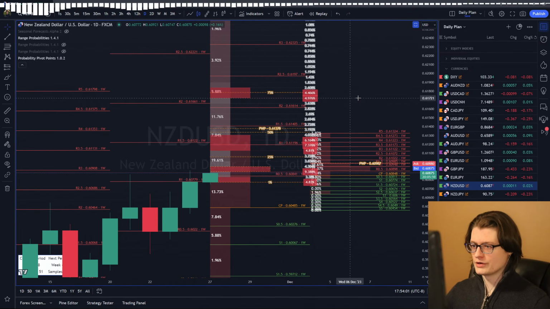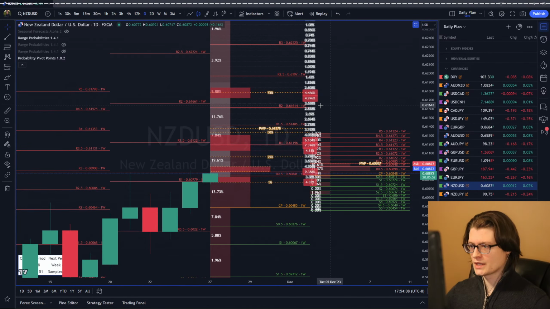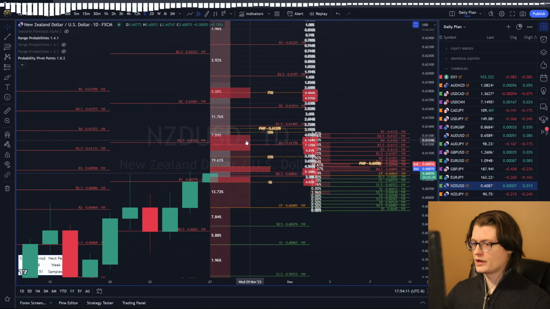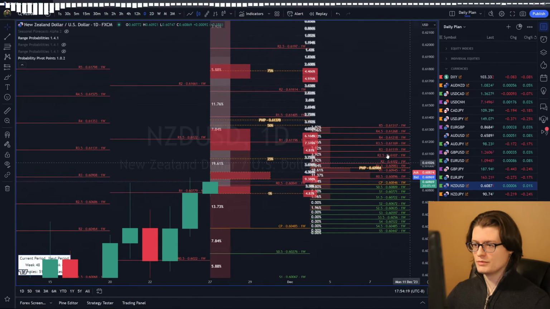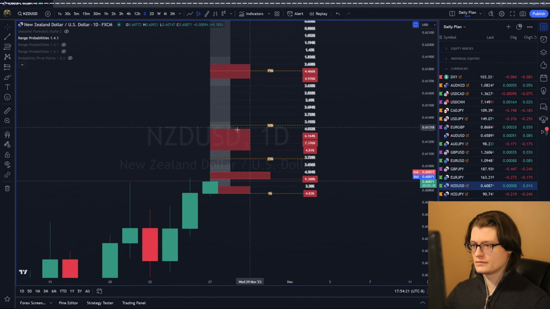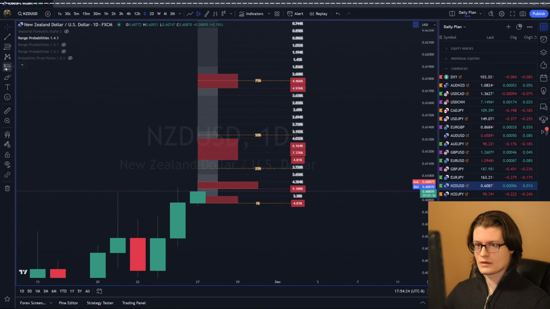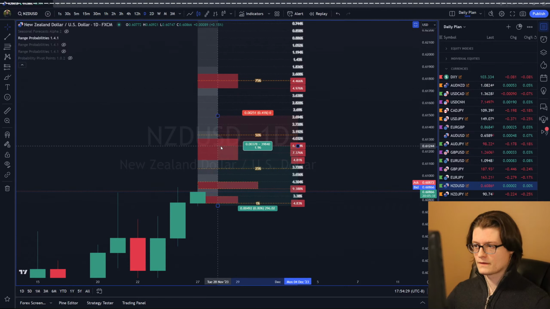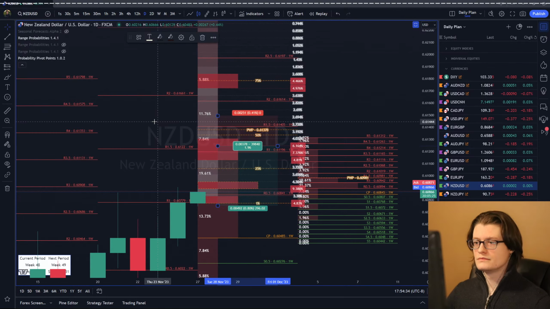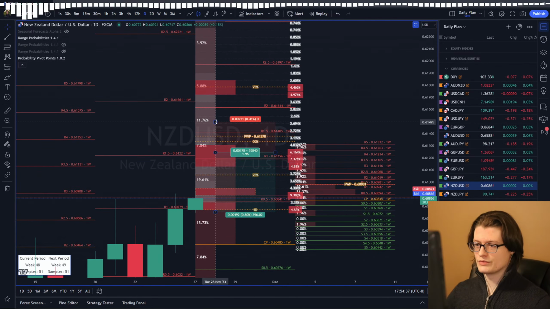Now looking at this chart, if I had more bearish expectations for New Zealand and more bullish expectations for the United States dollar, I'd probably be okay with taking shots on the short side around that R1 pivot, which is roughly at this peak in the range probabilities distribution right there. And that seems like a reasonable stop.